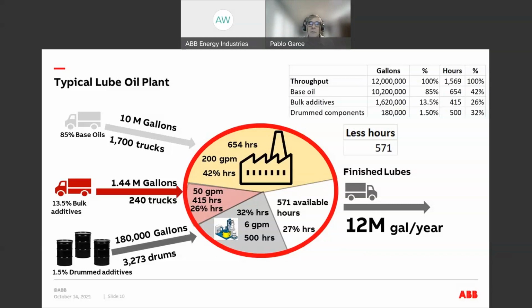We have not changed the volumes here. The percentages, of course, change because we suddenly have 500 hours extra that we're not allocating to decanting the components. So we reduce overall 500 hours and we change the percentages, but that means that we free up time. We've got more time to do more things.